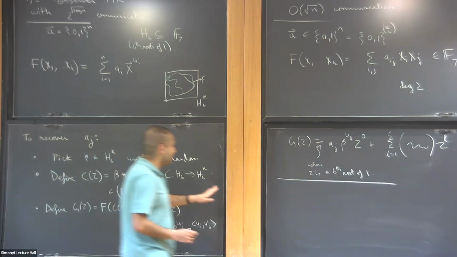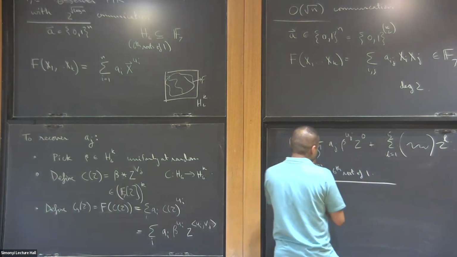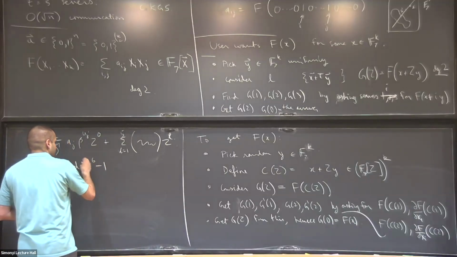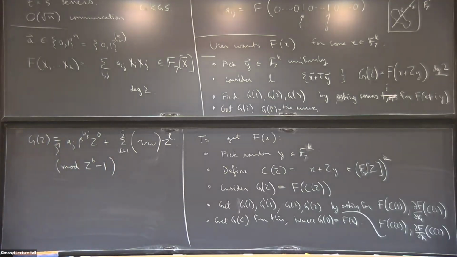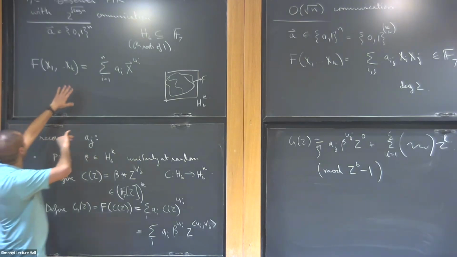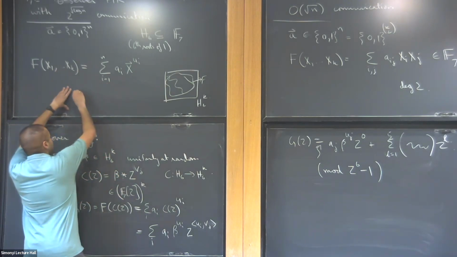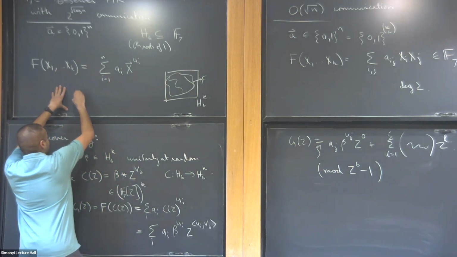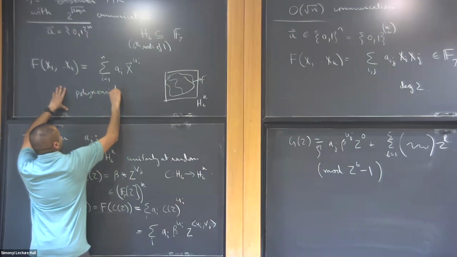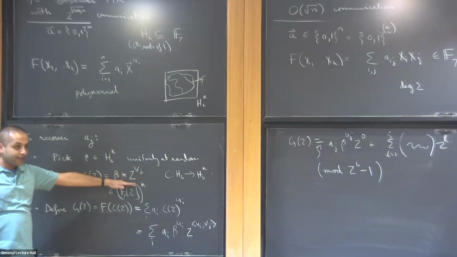So actually, this is equal to this mod Z to the 6 minus 1. So a small change of category. This F I'm going to treat as a standard polynomial. It's a true polynomial with no funny exponents. It's a polynomial with natural number exponents. There's no problem in defining it. It's a fair definition.